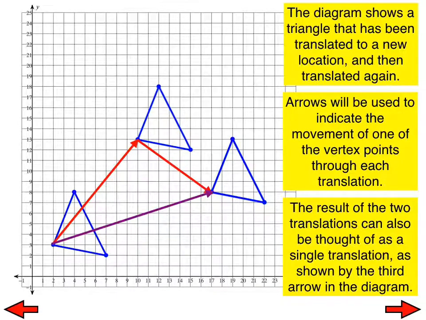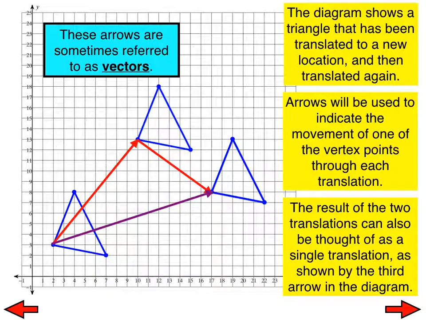And the two red vectors showed the first movement, then the second movement, whereas the purple one shows one movement to get from the original shape to the new shape, or a single translation, if you want to think of it that way. And as I just mentioned, these arrows are sometimes referred to as vectors.